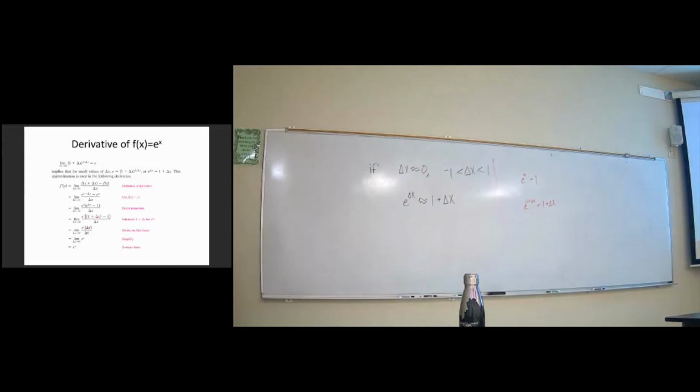And now we're saying, hey, this 1 and this 1, they're going to cancel. So you're just going to have delta x over delta x. So the derivative of e to the x is itself. It's a weird function. It's one of the few that does this.